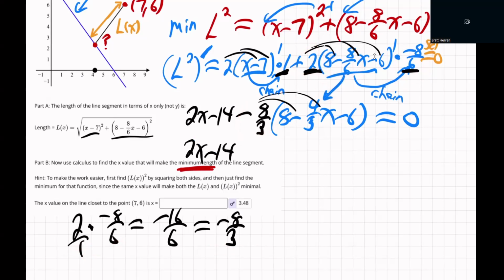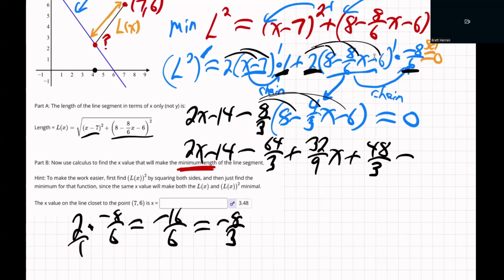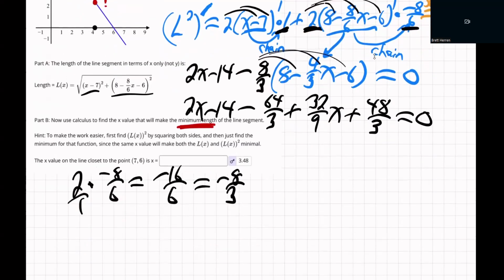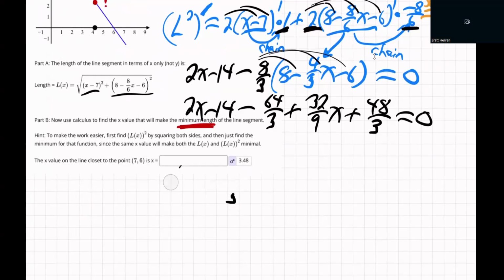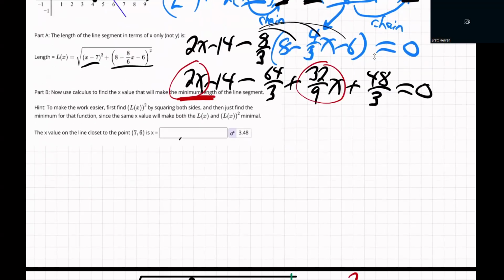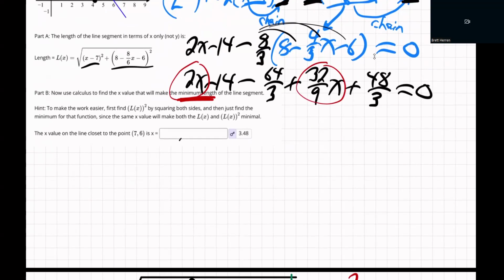So now distribute that. Minus that 8 goes to the top, 64 thirds. Plus, negative negative, so that's 32 ninths. Plus 6 times 8, 48 thirds. Equals 0. Okay, get rid of this. So now, let's combine. This is an x and an x. So 2x and 32 ninths. You can use Desmos.